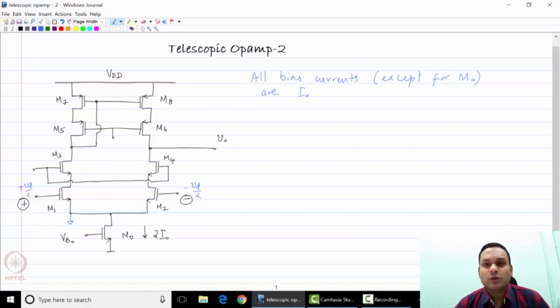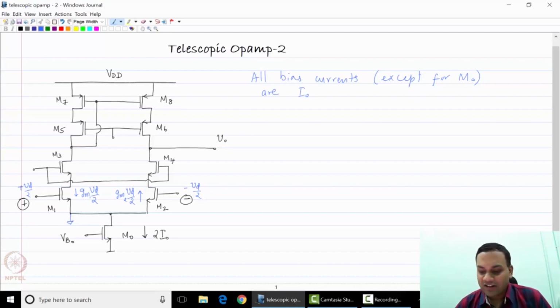Now, since the common source node of M1 and M2 is a small signal ground, the current through M1 is Gm times Vd by 2 downwards. The current through M2 is of course Gm times Vd by 2 upwards, where Gm is Gm1, which is also equal to Gm2.